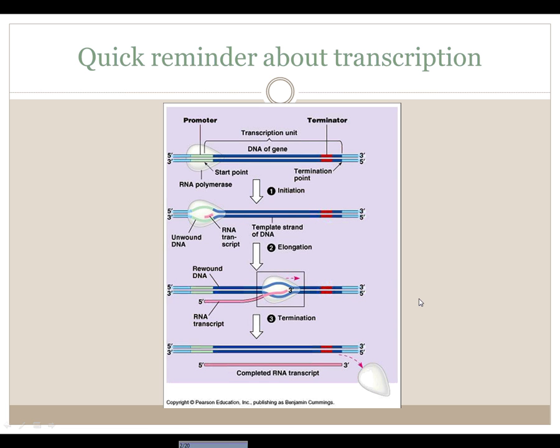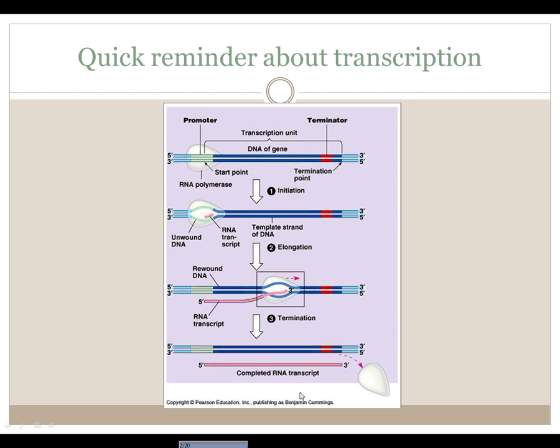Transcription is how we take DNA and copy a strand of DNA to make RNA. Transcription is making that single-stranded RNA, and then remember, translation is taking RNA and making it into protein.